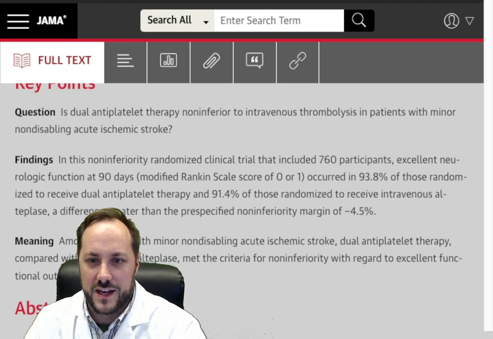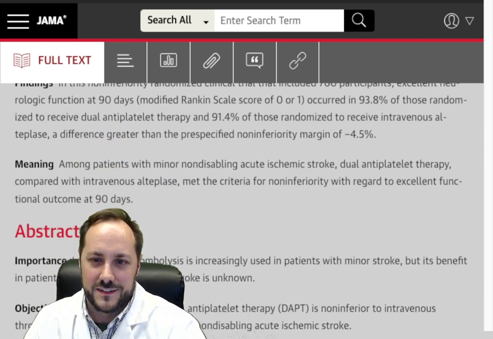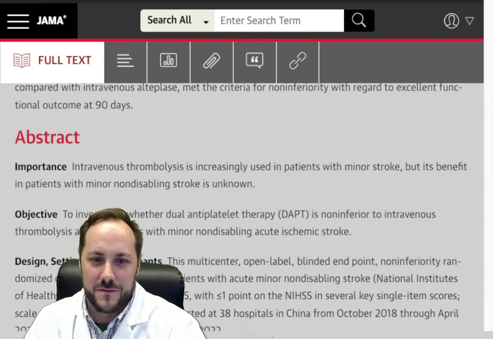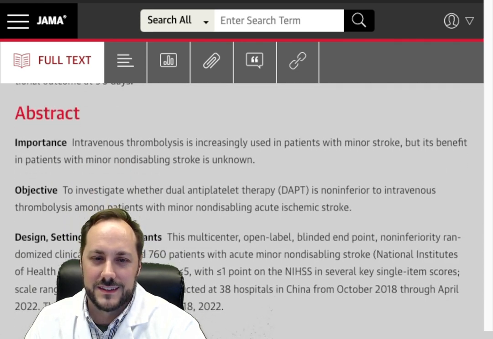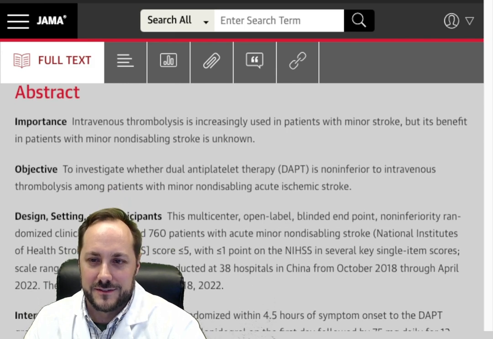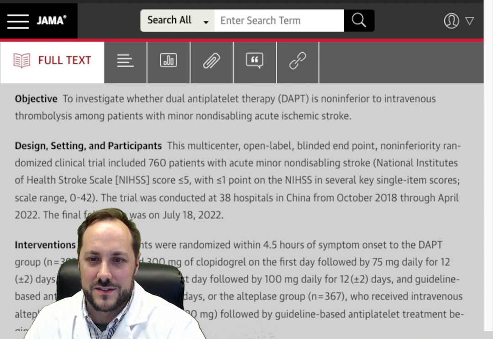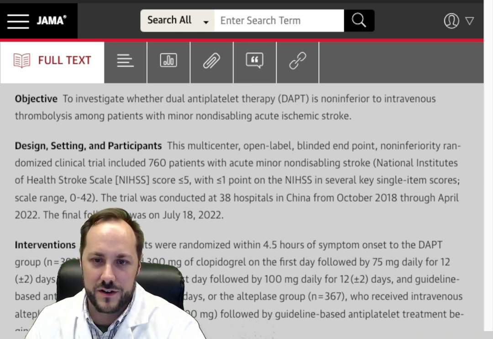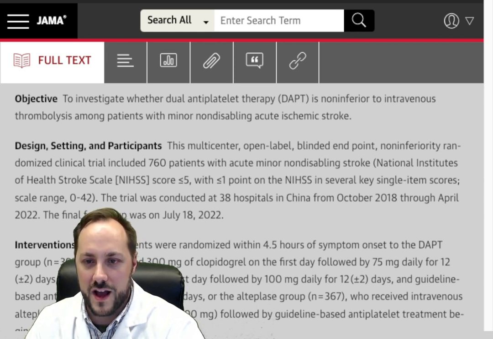So they had included, let's bring this down here. First of all, it's multi-center, open label, blinded endpoint, non-inferiority, and they had included patients with an NIH stroke scale less than or equal to 5.